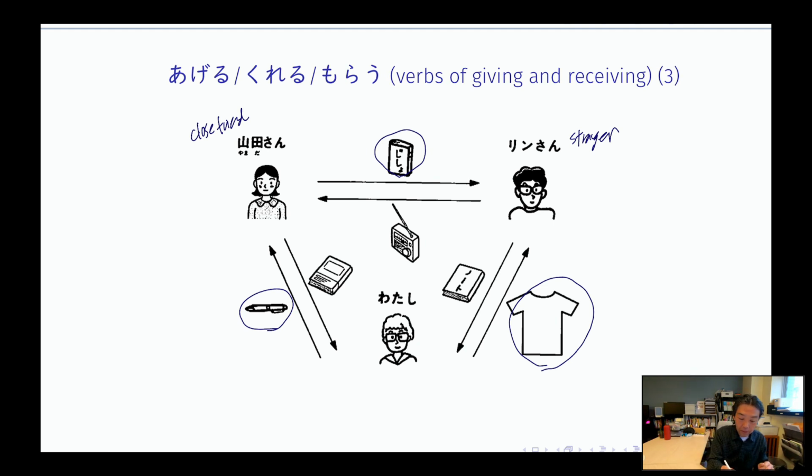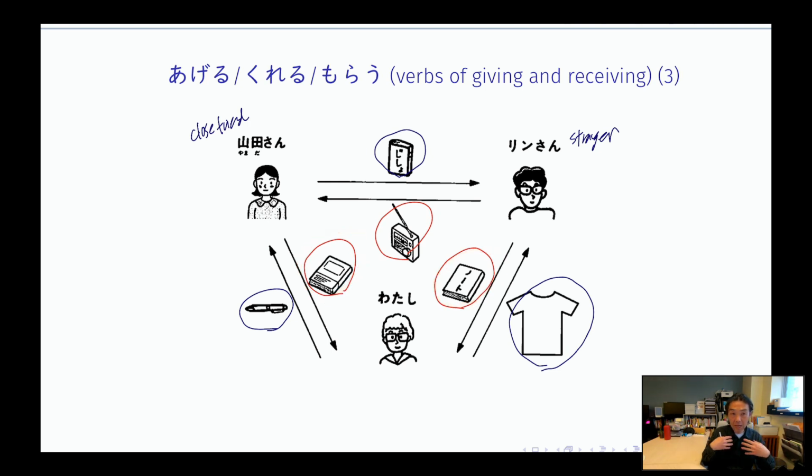And this one represents inward. It's coming closer to you. Anything you receive is inward. Since it's getting to you, you're the center of the universe.